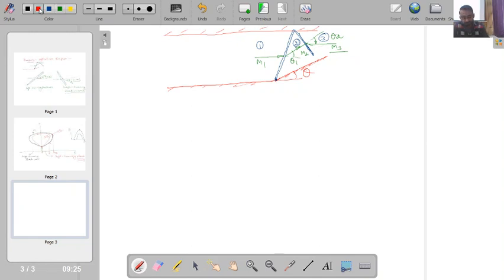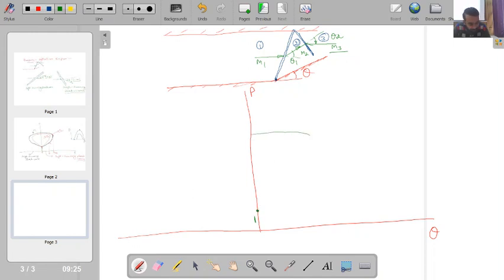On the theta-p plane, in the first case I am starting at point 1, and my Mach number is M1. Corresponding to M1, my curve is something like this.